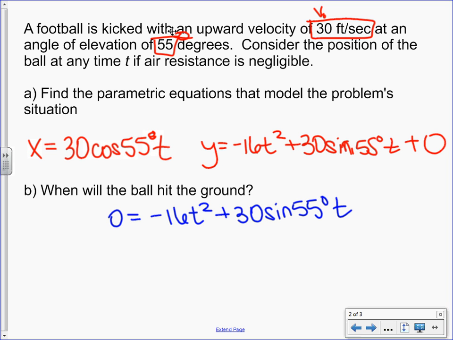Okay, how do we solve this equation right here? We have -16t squared plus 30 sine 55 degrees t. I wouldn't divide by t, but what can we do with t? We can factor out a t.